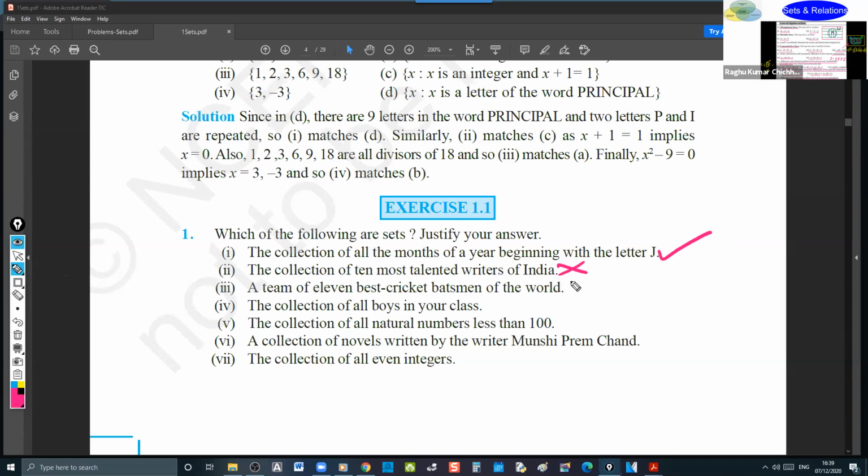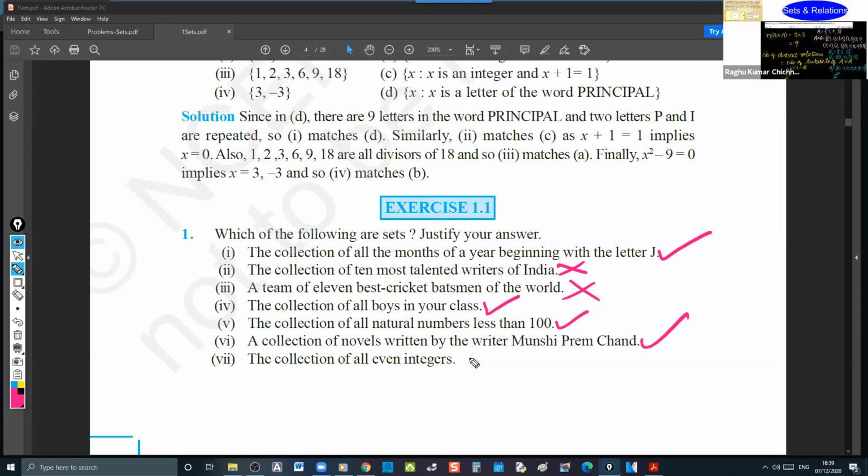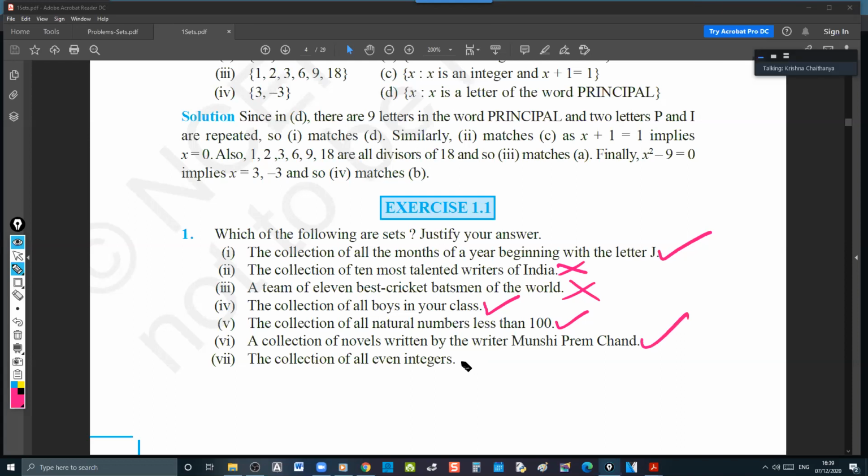Good. Fourth one is a set, sir. The fifth one is a set, sir. The sixth one is also a set, sir. Very good. The seventh one is not a set.